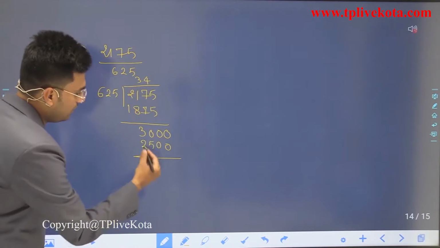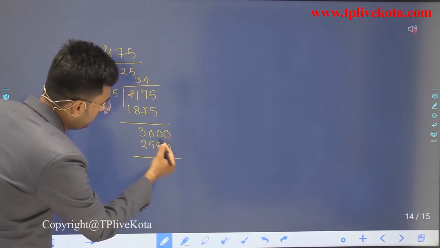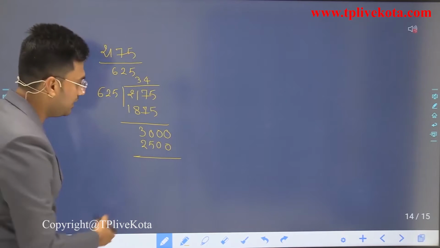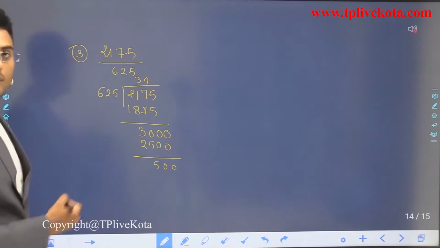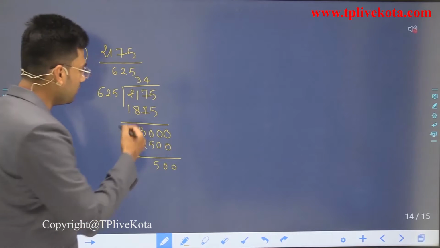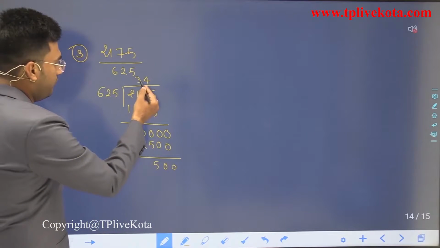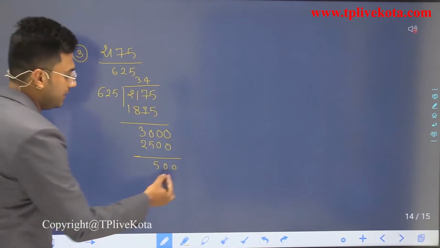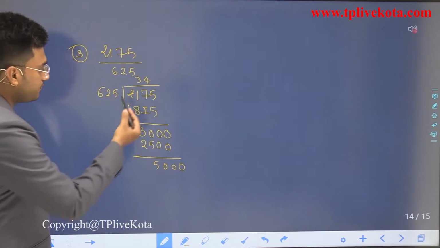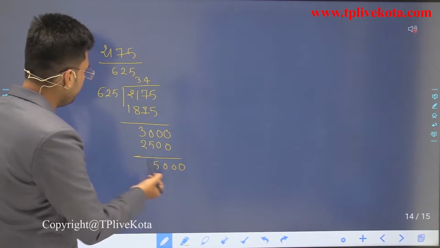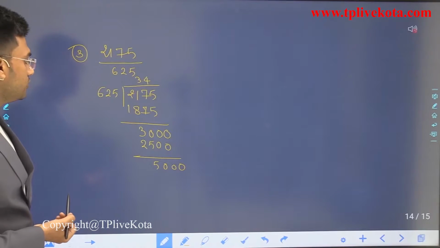Now the difference of these two numbers, 3000 and 2500, is 500. We already used the decimal, so take 0, 5000. Now the dividend is 5000 and the divisor is 625.